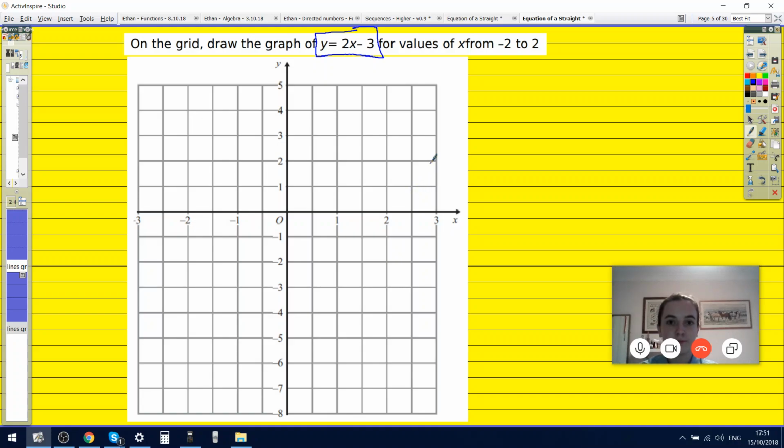Which 2 points will we pick? Minus 2 and 2. Okay, go for it. So 2x minus 3. So x is minus 2 for the first one.